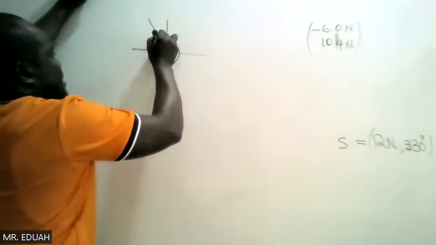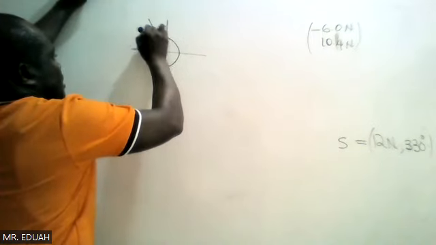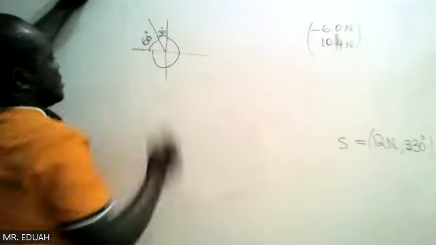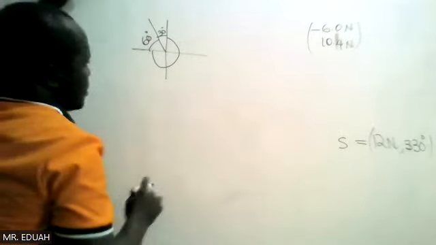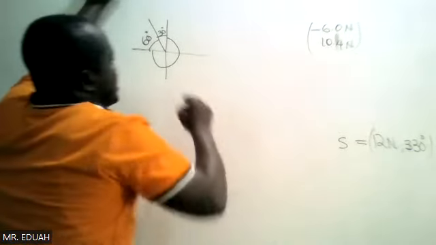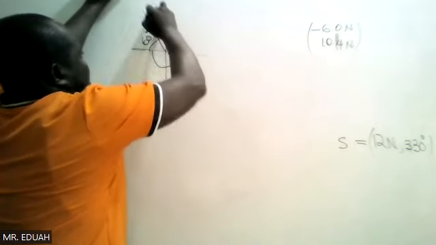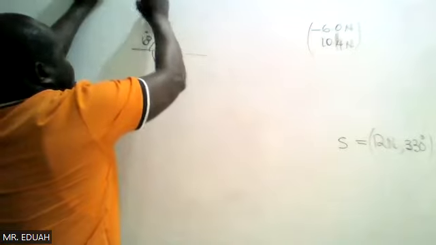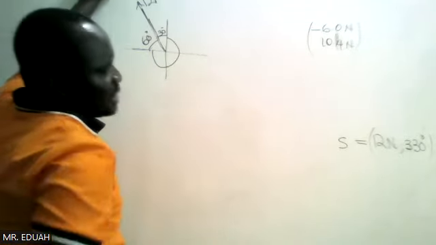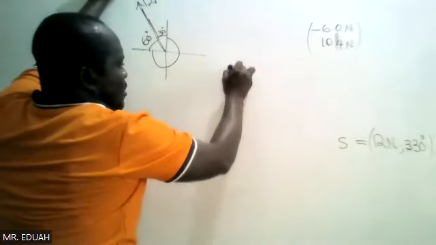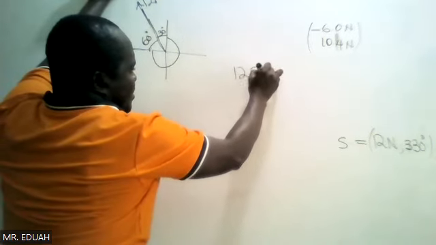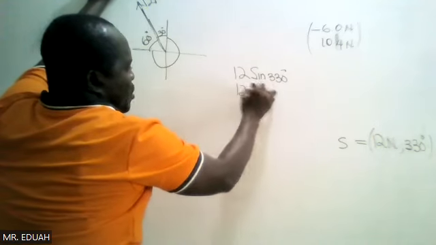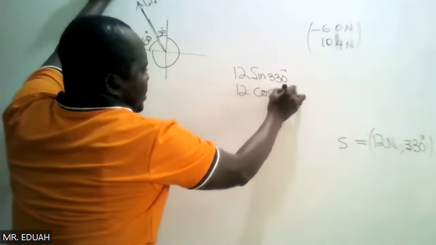So this is 60, whereas this is 30. So the first approach is that once the vector makes an angle of 330, the components are 12 sine 330 and 12 cos 330.